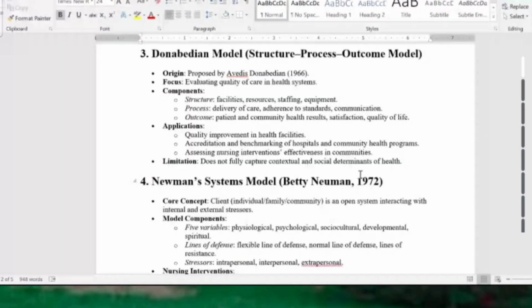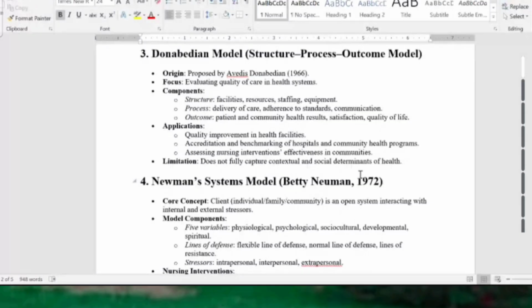We need to ensure that time is followed to the letter. We ensure that there is equity in delivery of that particular care to the people. We need to ensure that the services are safe for our clients, and we need to put our clients first at all costs.